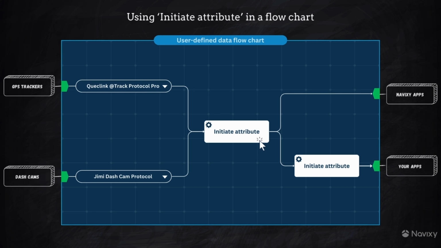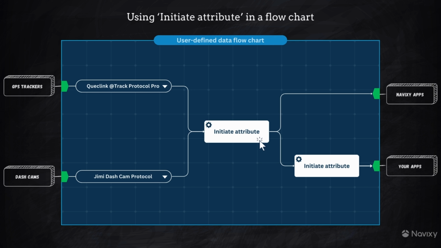As mentioned, they allow you to create new data points, transform existing ones, or combine information from multiple sources. It's also important to note that these nodes can be chained together. This chaining breaks down complex data manipulations into simple steps. Let's now look at the destination of this processed data. It can be either Navixy's native apps or your own custom applications, giving you ultimate flexibility in how to use your transformed data.